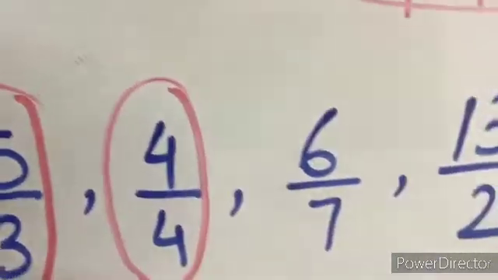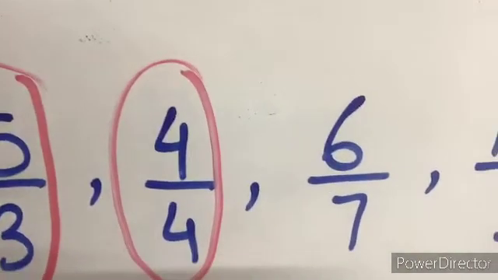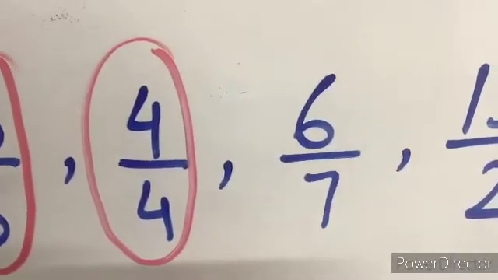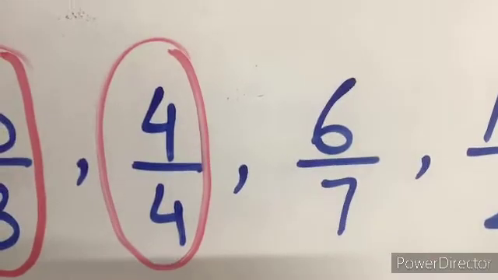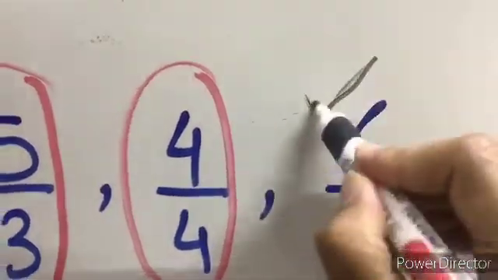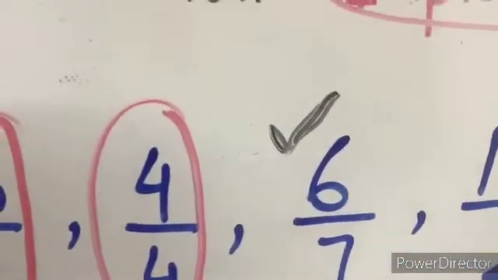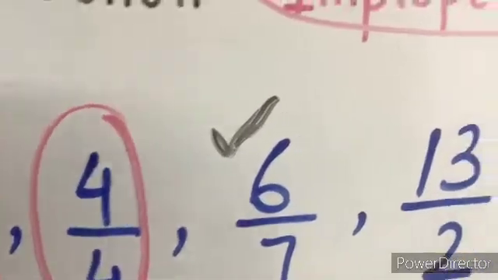It is 6 by 7. What is the numerator in it? Excellent. 6. And as you know, if the numerator is less than the denominator, that will come under proper fraction. So here you go, you will tick it. Okay, it is an example of proper fraction. Now see the last one.